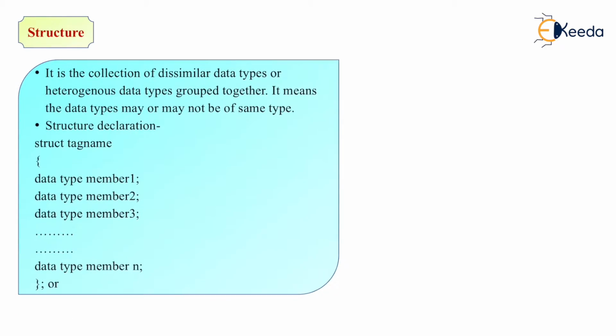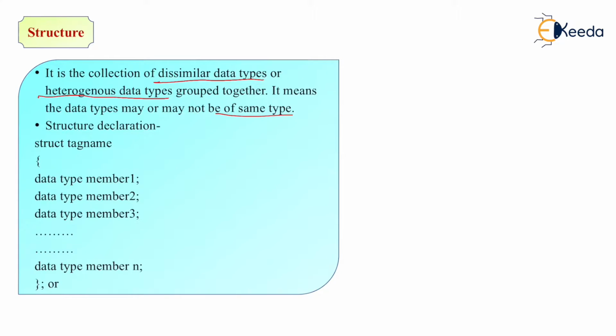Structure is a collection of dissimilar data types, or we can say it is heterogeneous data types grouped together. It means that data types may or may not be of the same type.